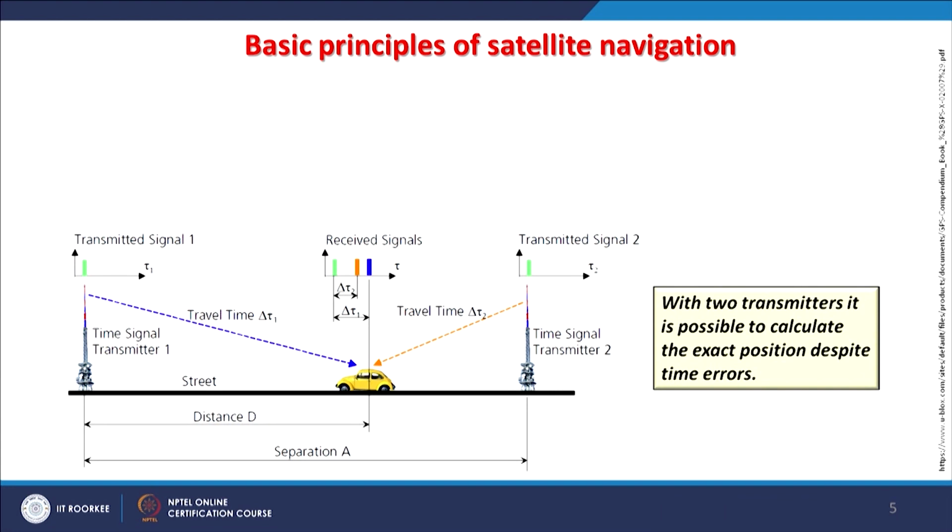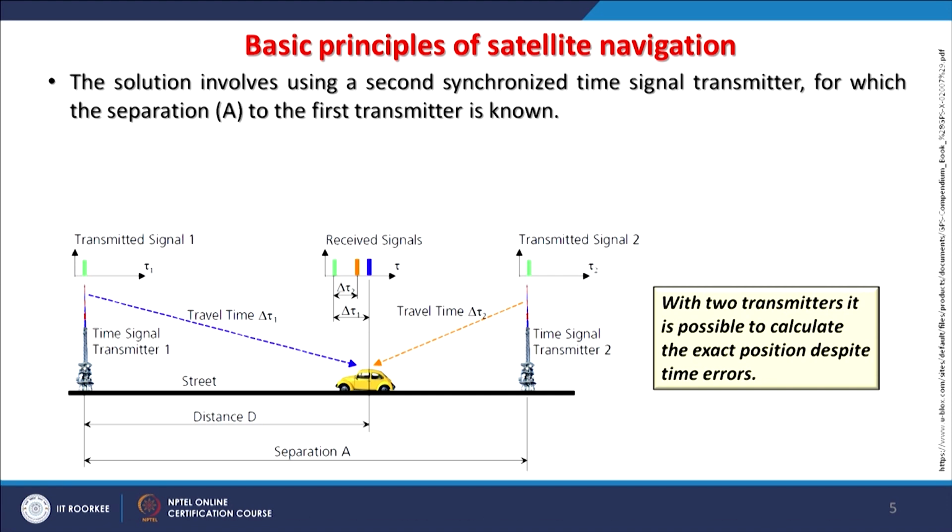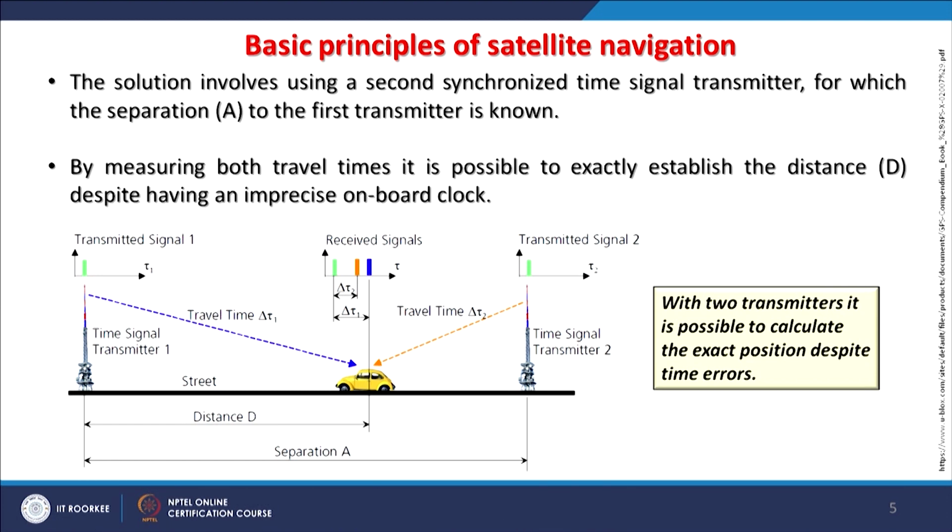With two transmitters, it is possible to calculate the exact position despite time errors. This solution involves using a second synchronized time signal transmitter, where the separation from one tower to the other is known, because on the ground we know the exact distances.